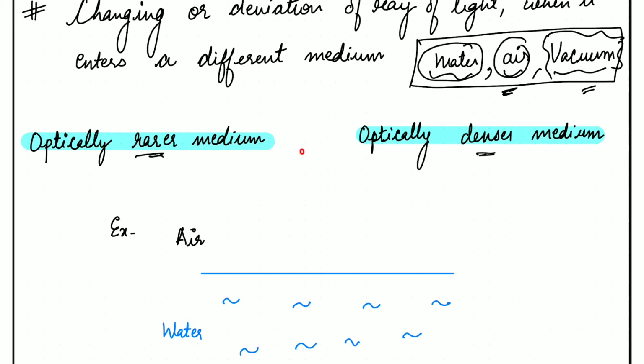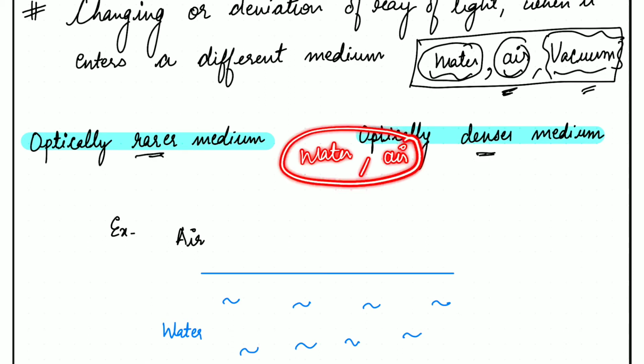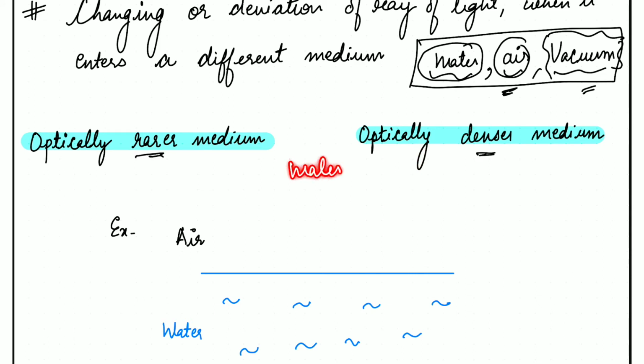For example, you have water and air, so you are comparing how light behaves in water and how it behaves in air. The moment we compare, we have to consider one medium denser and one rarer. Let's take an example to understand this.